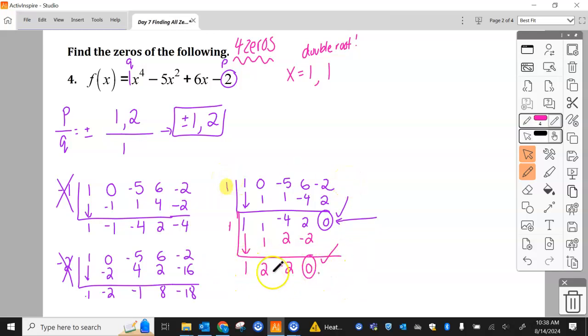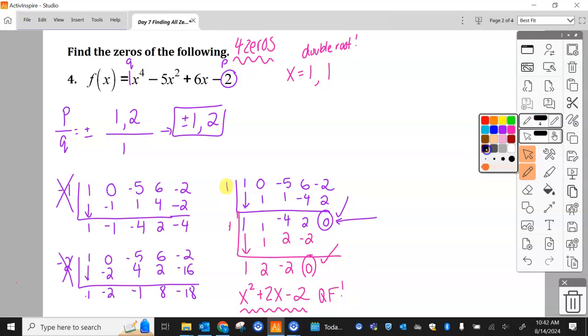Okay, and now we're down to an x² polynomial that we can try to factor, or maybe quadratic formula if we have to. This ends up with x² plus 2x minus 2. And unfortunately, we cannot factor that, so you would have to go to the quadratic formula.